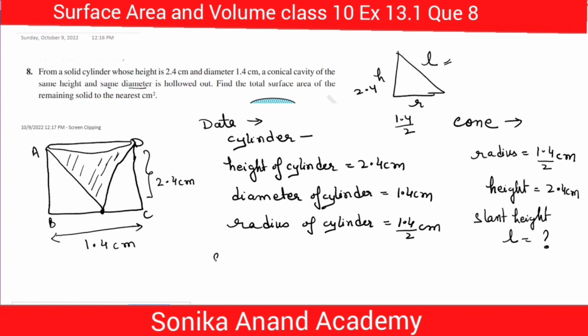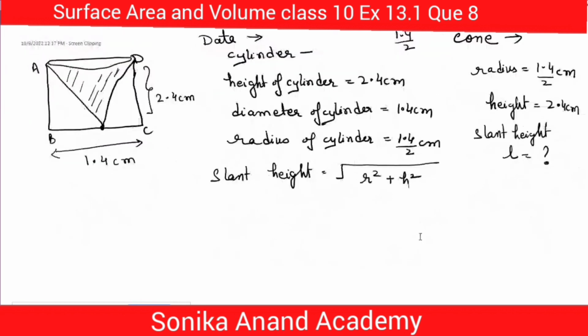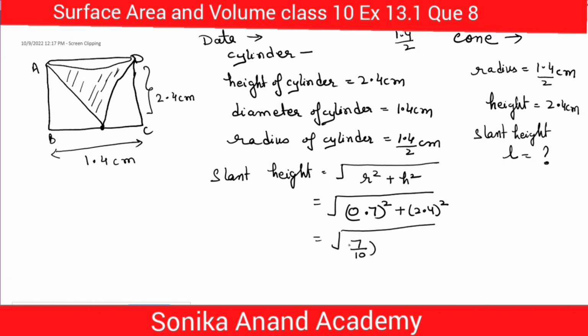Now we use the formula: root of R square plus H square. So that is 0.7 whole square, 2.4 whole square. Now I will make it like that, 7 by 10 whole square, 24 by 10 whole square. Clear?